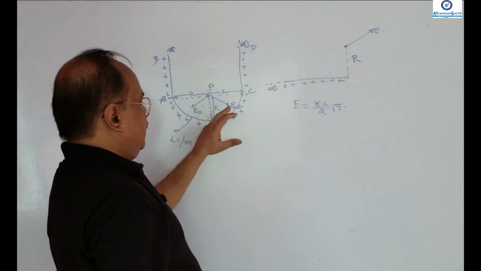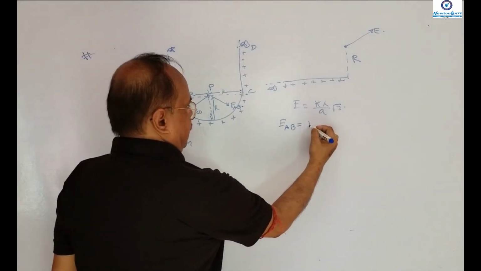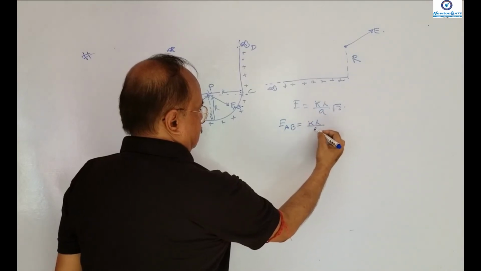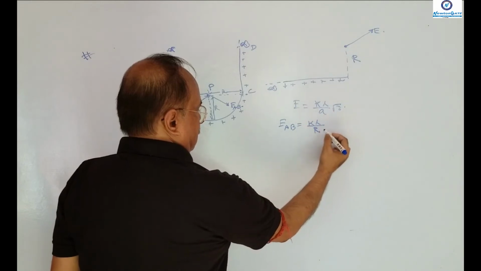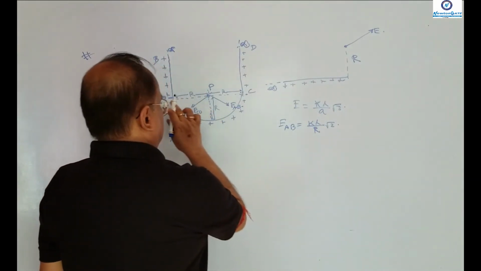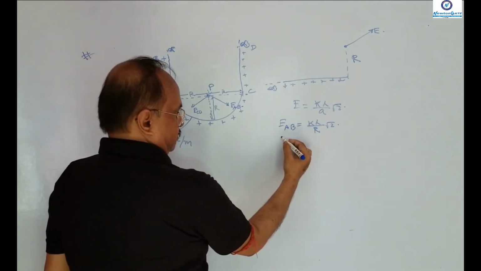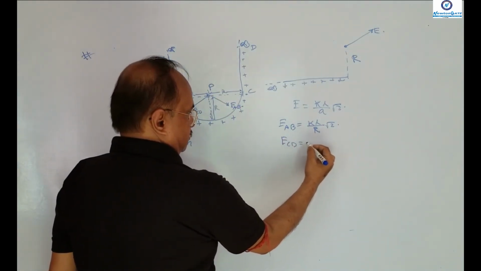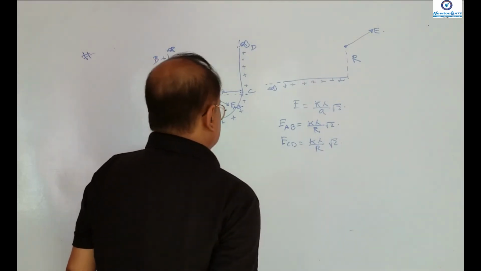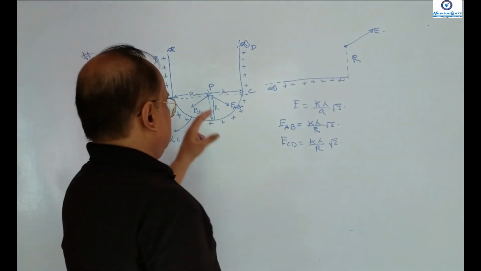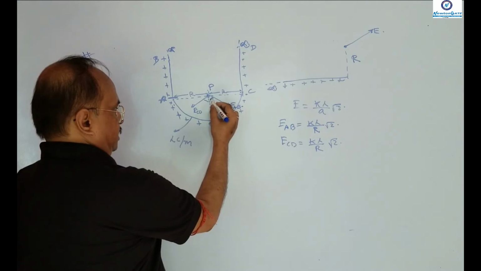So that means this EAB is also k lambda by r root 2, and for this CD also this side it is k lambda by r root 2, and this is this direction and this is this direction, and the angle between them is 90 degree.